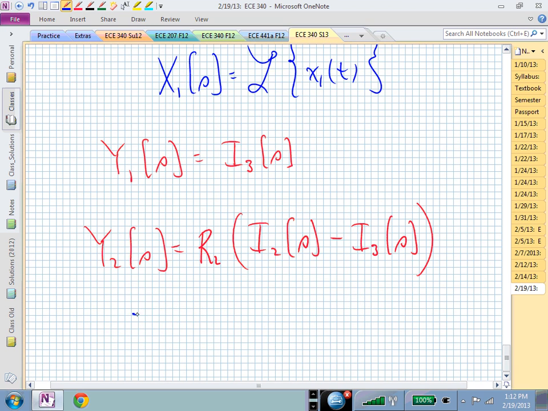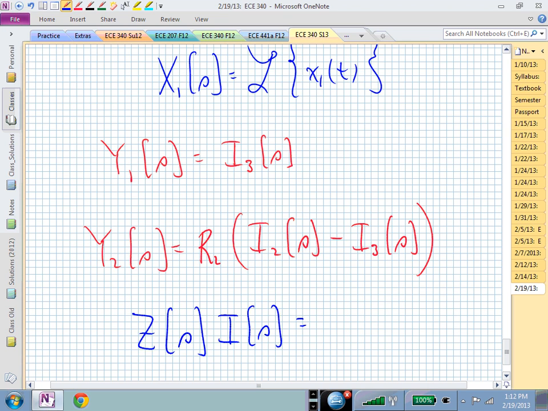In general terms, we have this impedance matrix, Z of S. What's the size of that? That's a 3 by 3 matrix, but I can collapse all that down to just two variables, can I?